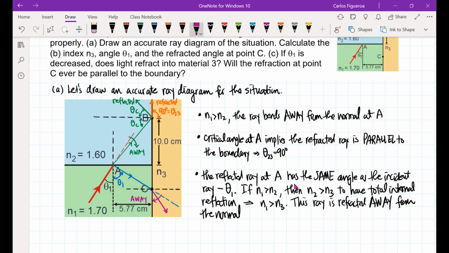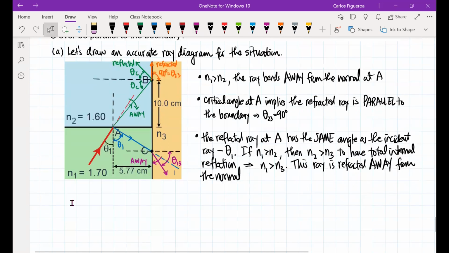So now I'm going to define this angle relative to the normal. I'm going to call this θ1,3. So now my job here is to take this picture and calculate all of the quantities here. So let's go do that. Now I would say that's an accurate picture.